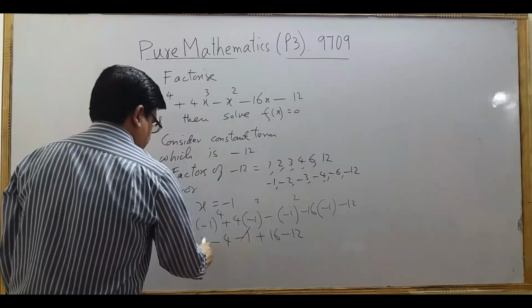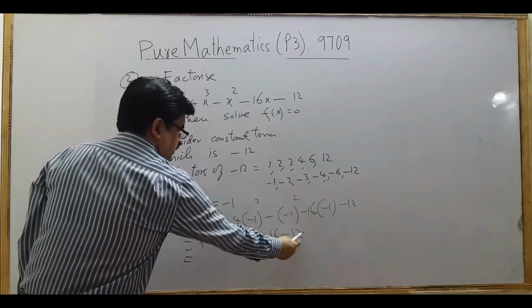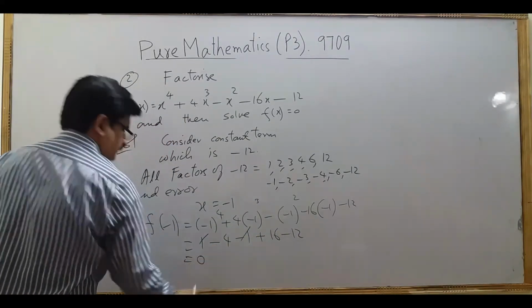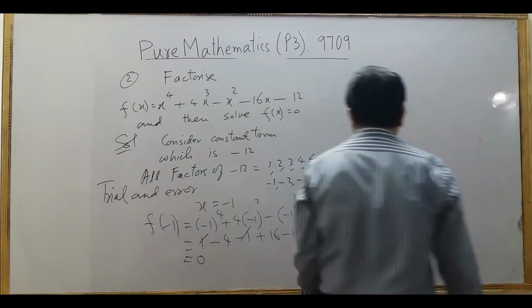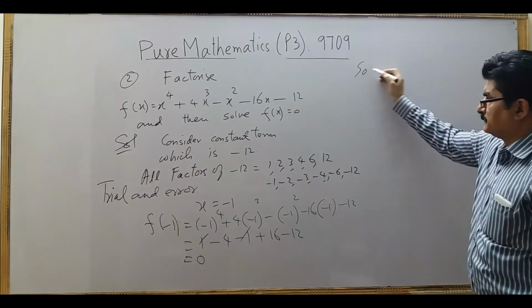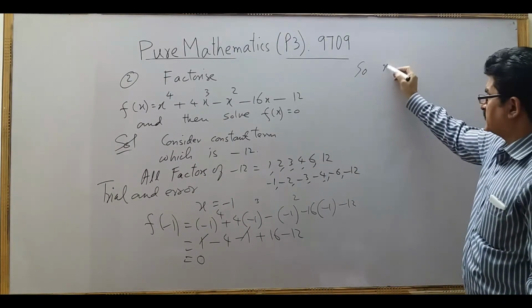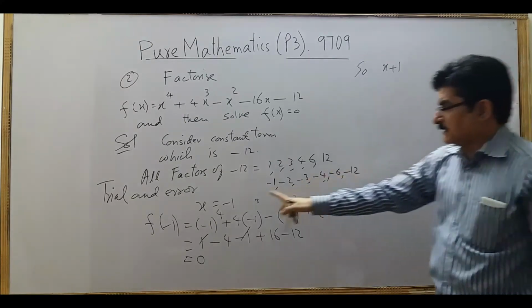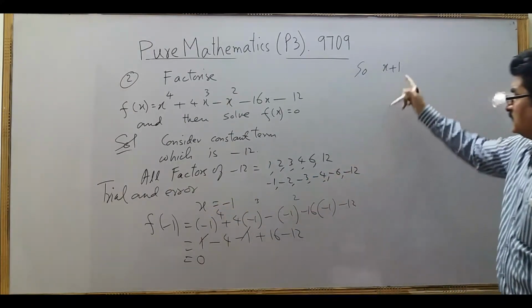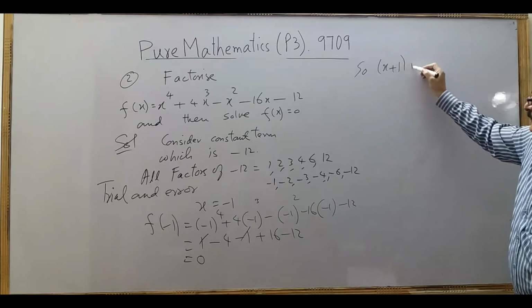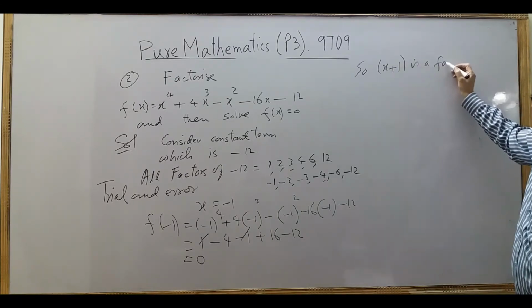Now this minus 16 cancels with this 16, you will get 0. So by the factor theorem, since here you have x equal to minus 1, x plus 1 is a factor.